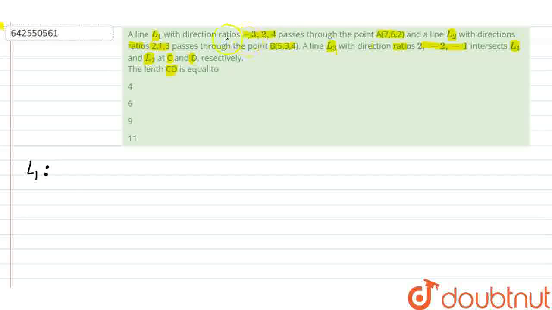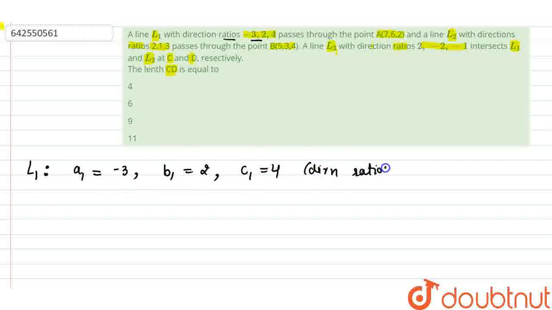About L1 we have been given that its direction ratios are -3, 2, 4. Direction ratios are denoted by a, b, c. Let's say a1 is -3, b1 is 2 and c1 is 4, and these are the direction ratios of line L1.